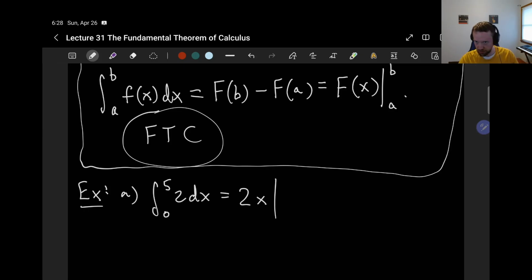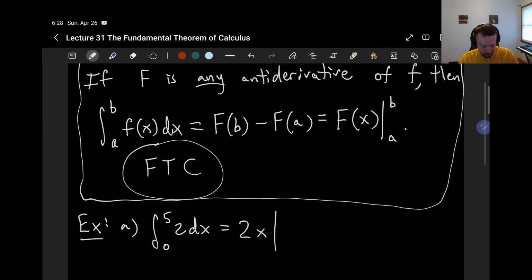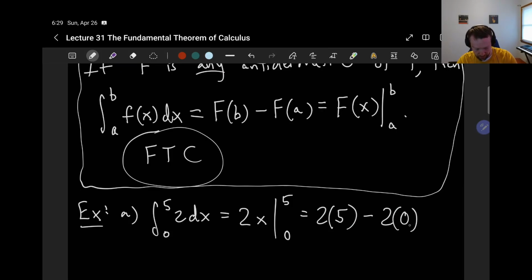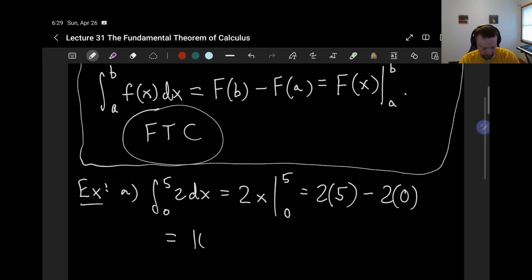I don't need to include plus c here because it just has to be some antiderivative. I don't need all of them. So we choose the most convenient one, 2x, rather than 2x plus 1 or what have you. So you plug in the upper limit of integration, 5, minus evaluating at the lower one. Get 10 minus 0, so 10.